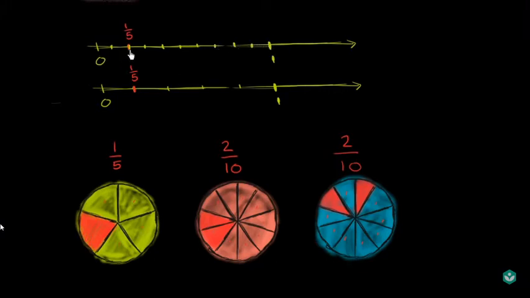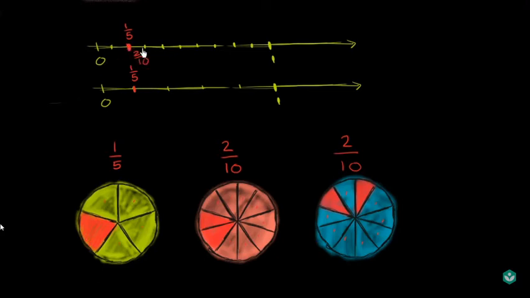So I've divided it into 10 equal sections, and I want to figure out where 2/10 goes. So I'm going to go 2 of those equal sections. So 1, 2. So once again, I've got to that exact same point. So this 1/5 I could also represent as 2/10. So I could represent this as 2/10, this point right over here.